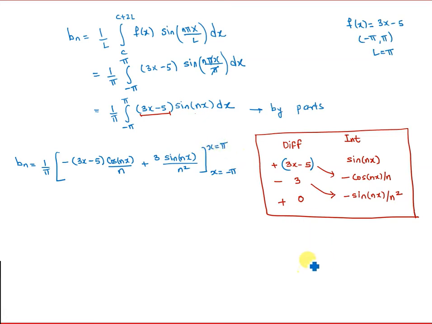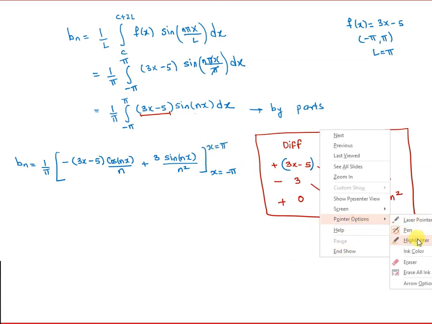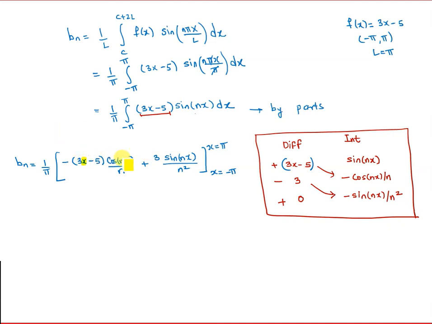Now we have to substitute the limits at 3 places. Here again x, here and here. So let's substitute the limits. This is equal to 1 over pi, minus of, when we replace x by pi, (3 pi minus 5) cosine of n pi over n plus 3 times sine of n pi over n square. These are the limits when x is pi.